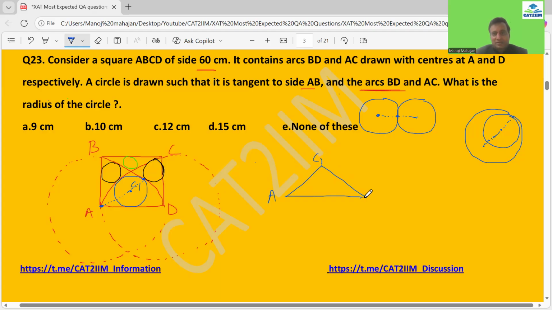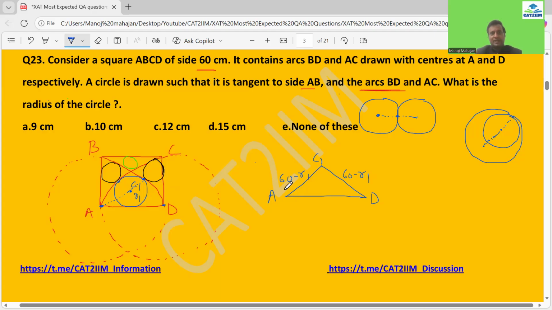So AC1, okay, we have to find out basically the radius of this blue circle out here. AC1, from this point till this point it is 60, and if I took the radius as R1, this will be nothing but 60 minus R1. This will also be the same, 60 minus R1, because this would be the center, this the point of contact, and the center of the circle, right?